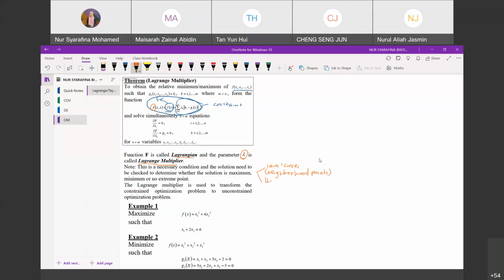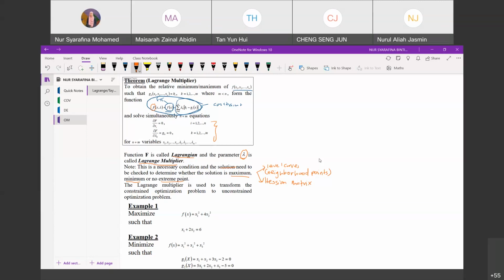And another one, we can check using the Hessian. Once we get the critical point, we need to check the solution. Is it maximum, minimum, or no extreme point? We can check the level curve, or we can check by using the Hessian.